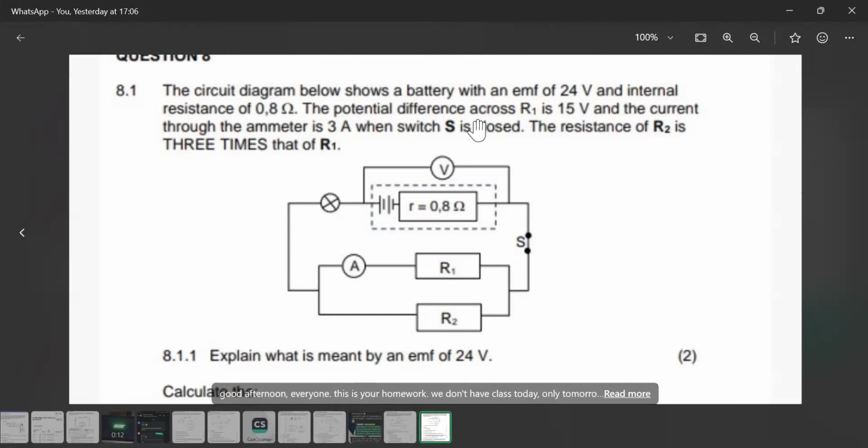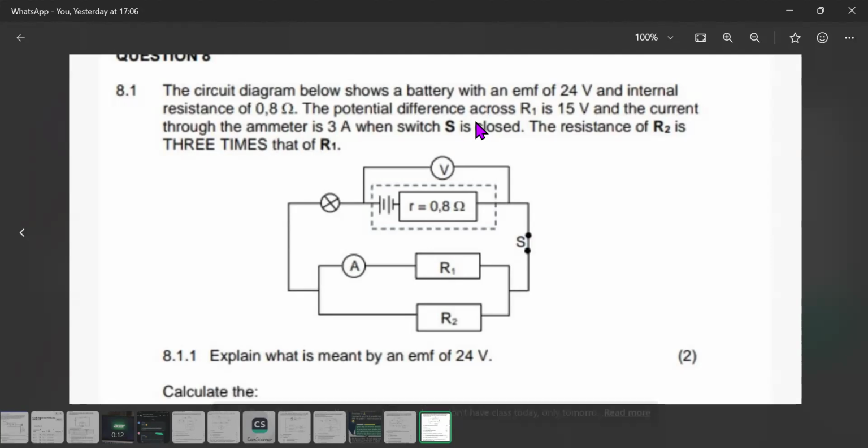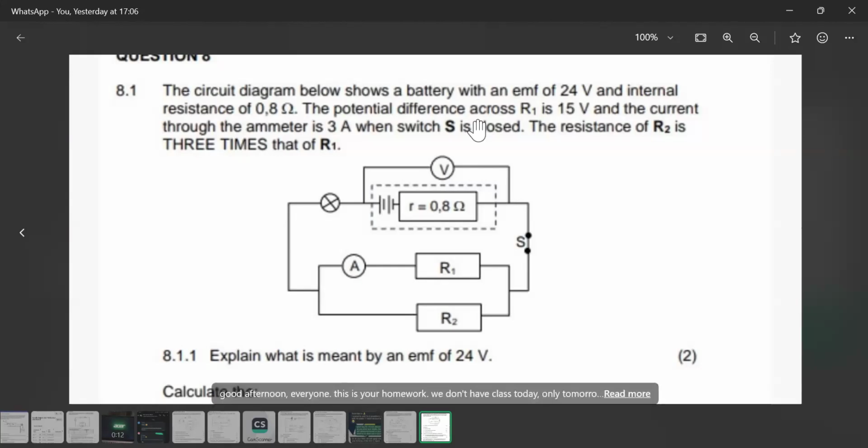But then one thing we know here is the potential difference of those connected in parallel. So if we can find the potential difference of the internal resistor, we can say the EMF minus the potential difference of the internal resistor minus the potential difference of those in parallel, then we can get the potential difference across the bulb. Yeah, so let's do exactly that.